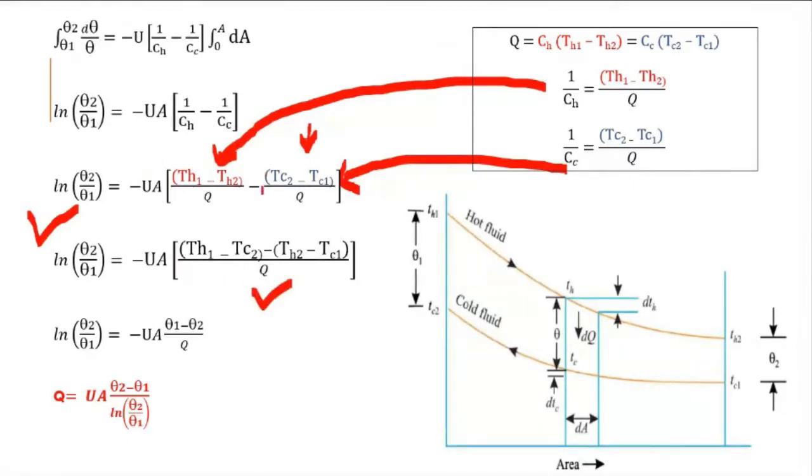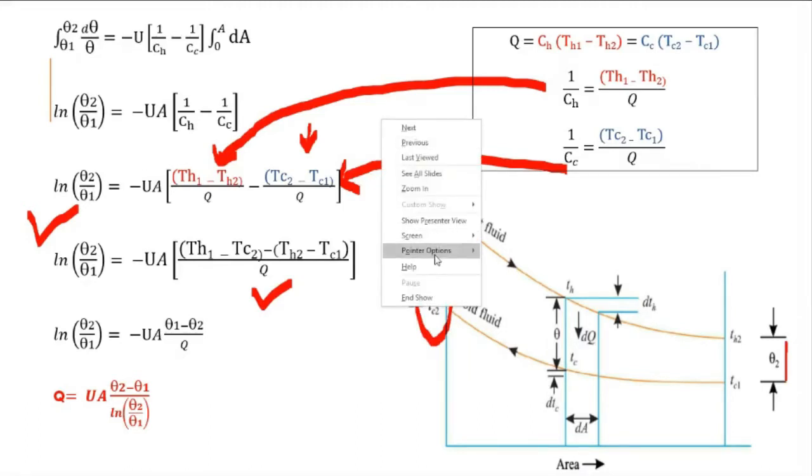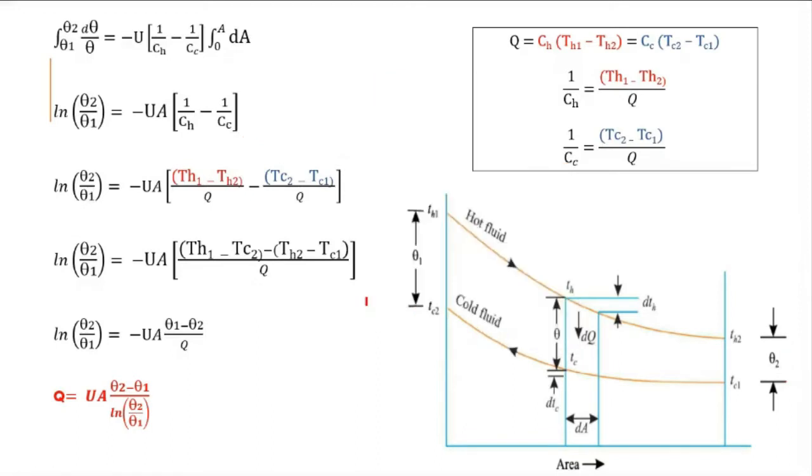While writing it as a single term, we are going to make some rearrangement so that we can get the values of theta 1 and theta 2 in the expressions. If you see, theta 1 is equal to Th1 minus Tc2 in our case, so we will try to put the Th1 and Tc2 values together. Here we have Th1, here we have Tc2. If I open the bracket, what do we get?